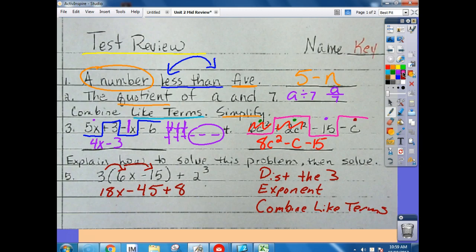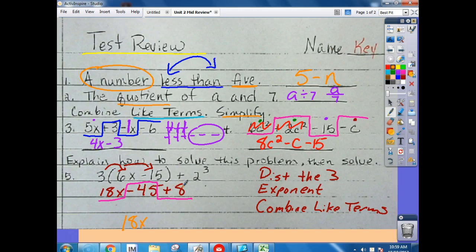So just to show how we did this before, I'm going to section off each of the terms right in front of each plus and minus there. And in this problem, I do have like terms of negative 45 and positive 8. My 18x will not combine with anything, but it will be part of my answer. So 18x. This is basically going to be my 2 constant terms here.